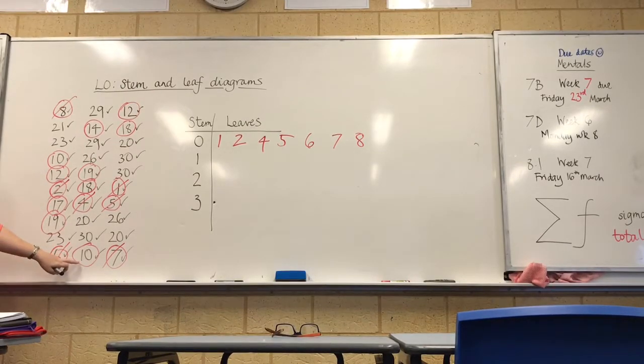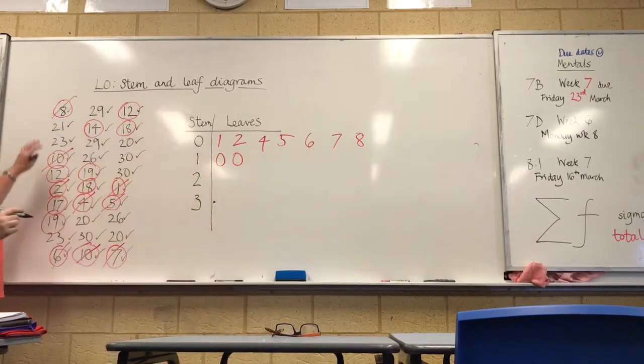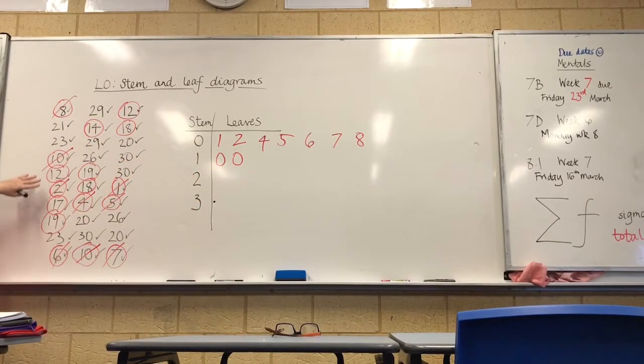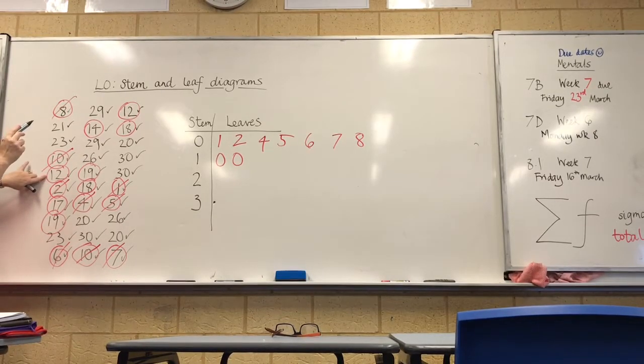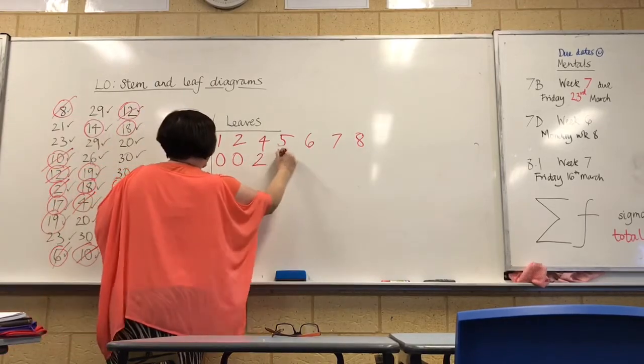So we've got a 10. Do we have another 10? Yes, so we've got 2 zeros. Then we've got a 12, and another 12, but no 11s.